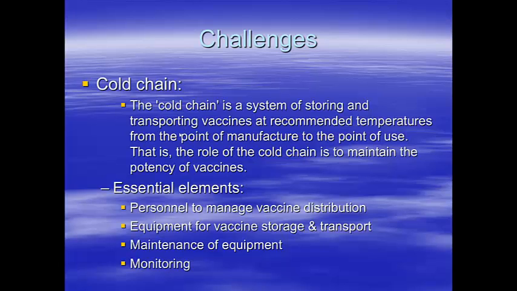Those aren't small challenges. Equipment such as refrigerators and transportation, skilled personnel that can administer the vaccine into the muscle without causing harm, those can be challenges in some areas.